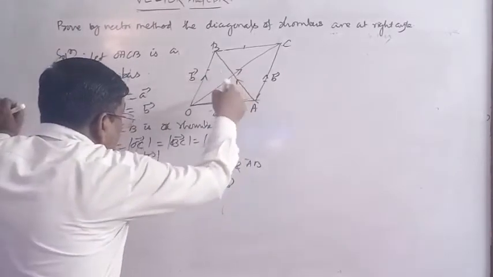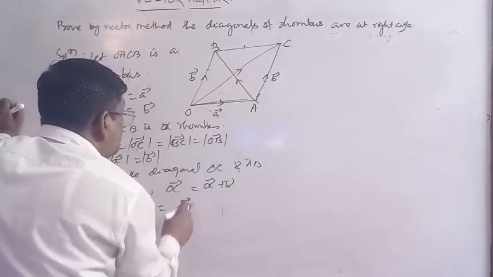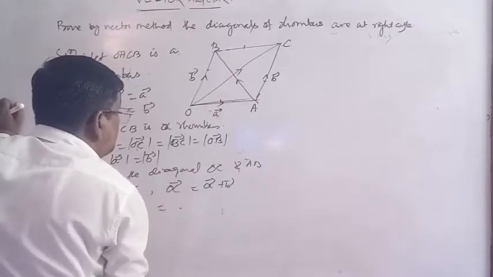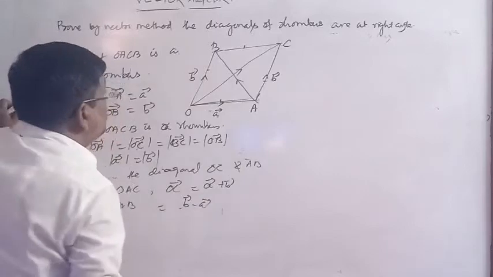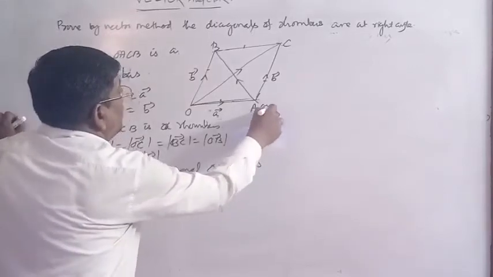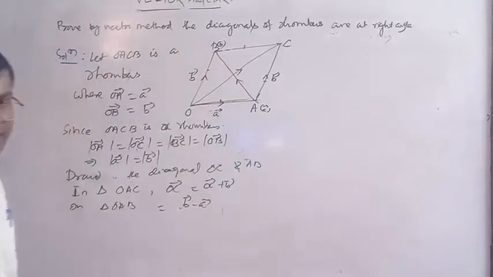AB vector is B minus A. This position vector is A and this position vector is B. So AB means B minus A, clear.